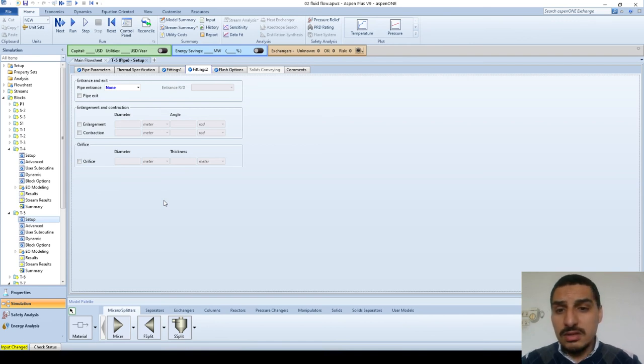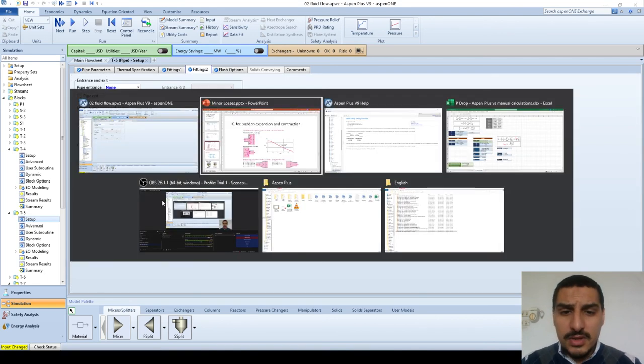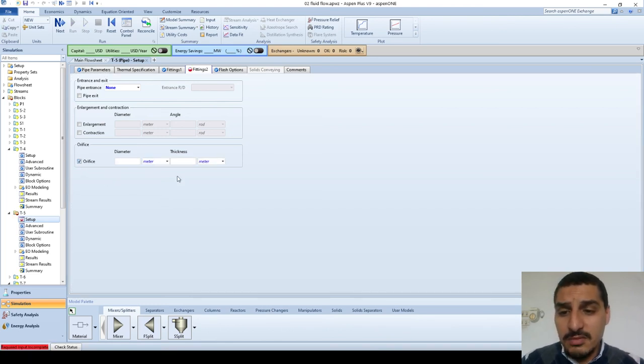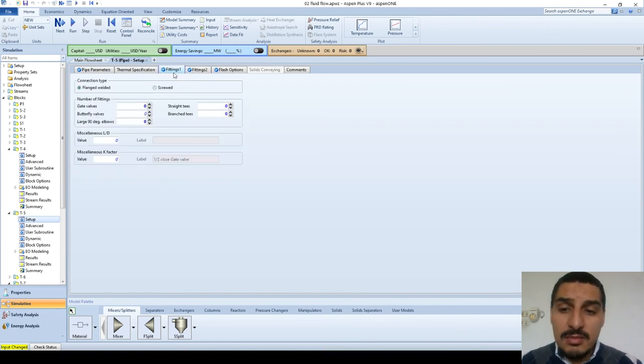It's just a disc with a smaller diameter connected to the pipe. It makes a contraction in the flow and then an expansion after that. So you just need to define the diameter and the thickness of the orifice. These are all the inputs you can put here.